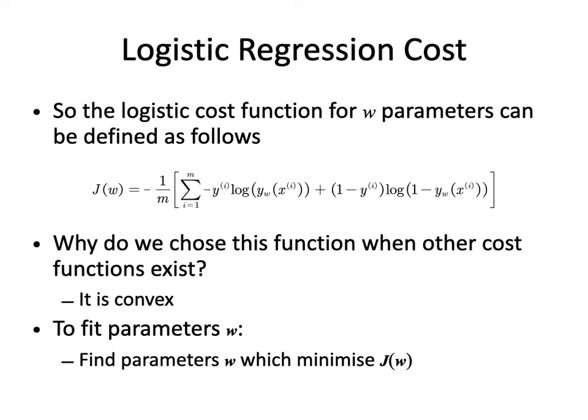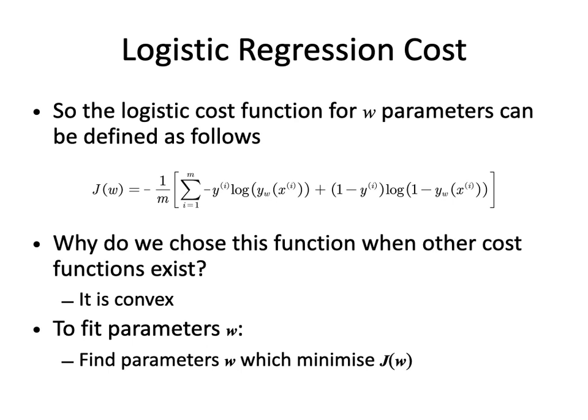So the logistic cost function for the w parameters can be defined as follows. Here we can see the average of the cost function over m samples or m training examples, and as this function is convex, we choose this function while other cost functions exist.